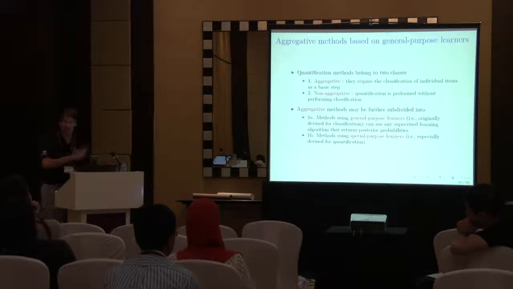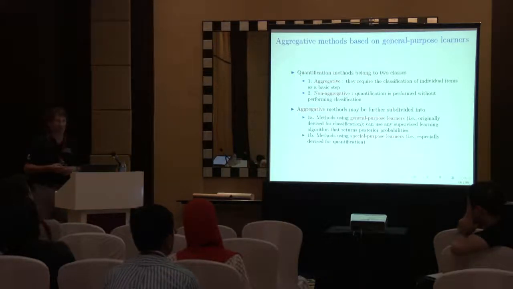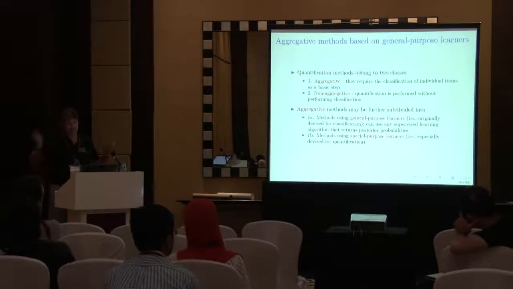Here we use SVMs with a linear kernel to classify each individual item, and then we do some post-correction in order to come up with better class estimates. All of the methods we are seeing in the general purpose area can use any supervised learner of your choice. They could use SVMs, they could use KNN, etc.